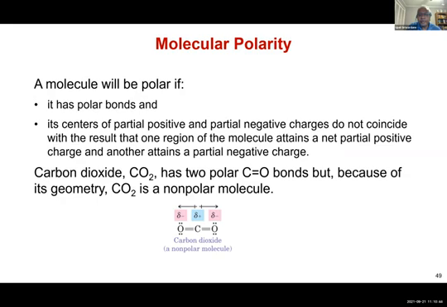Equal forces cancel each other. There's no polarity in the carbon dioxide molecule. So we have to look at molecular polarity in terms of having polar covalent bonds and whether they are distributed in space in the Lewis structure equally, canceling each other or not.